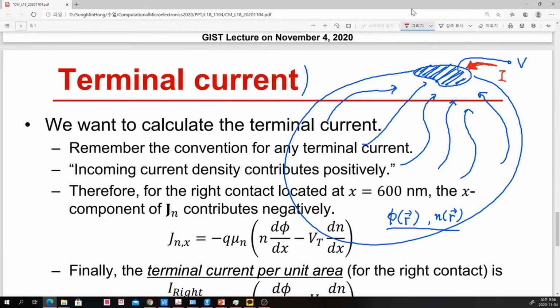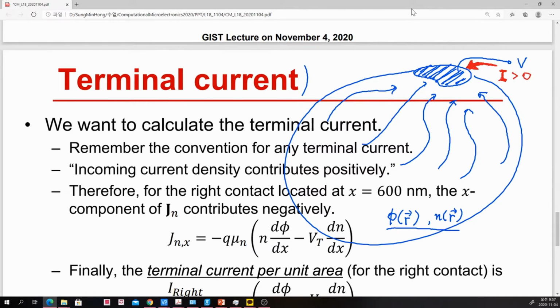Here the arrow direction is important. Terminal current is always, in this lecture or electronics, defined as incoming flux. So when current flows into the device or any element, that is regarded as positive current.